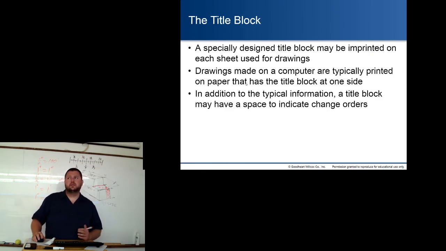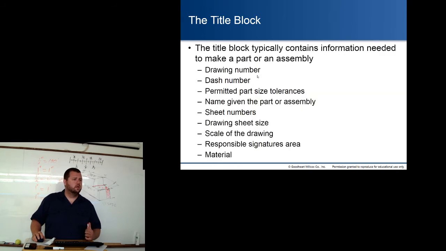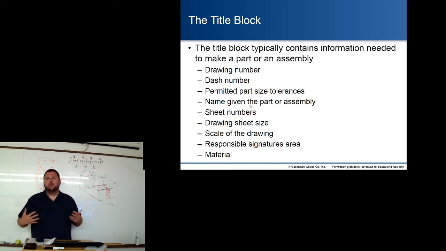Title block is basically the information for the drawing. Drawing number. So the program I use primarily is called SolidWorks. You can spend between a student version's a couple hundred dollars. The full version's like $2,000 to $5,000. It's a super powerful platform.